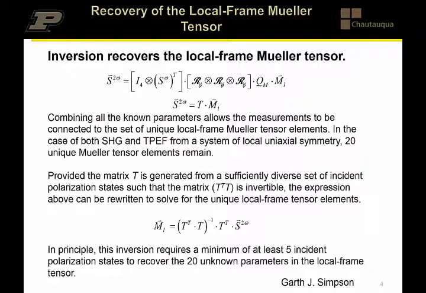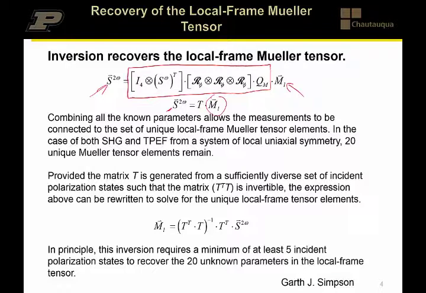I'm going to take this entire group of things right here and call it T, because I'm going to get really tired of rewriting the same group of things over and over again when I invert and transpose. We know everything in T, because we know the rotation matrix, we know the symmetry, and we know the incident polarization states we're putting in. We measure this, and we want to solve for that. So this is measured and then desired.